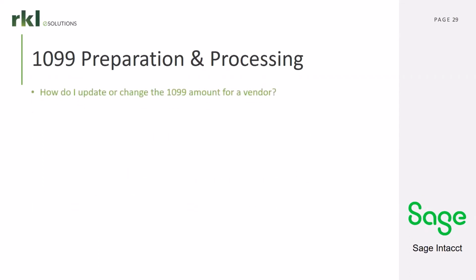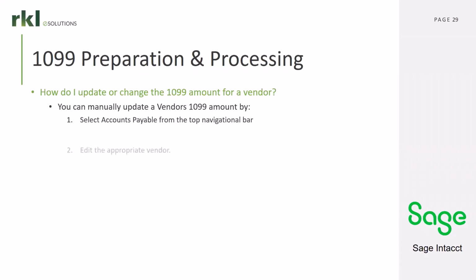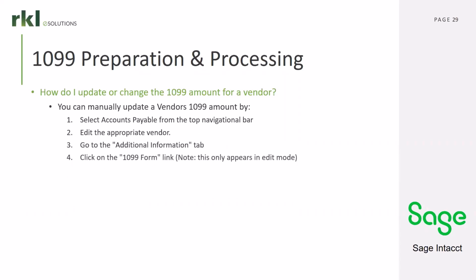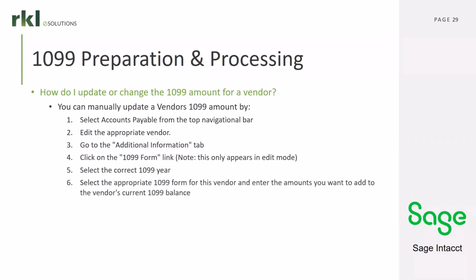How do I update or change the amount of a 1099 vendor? So for the people who aren't you guys, who had somebody who added a vendor throughout the year but didn't mark them correct, and we need to make an adjustment to that, you can go into AP, select the vendor, additional information tab, click on that 1099 form link, and select the correct 1099 year and entity, and select the 1099 form from this vendor that shows you the amounts you want to add to the vendors, and save changes.